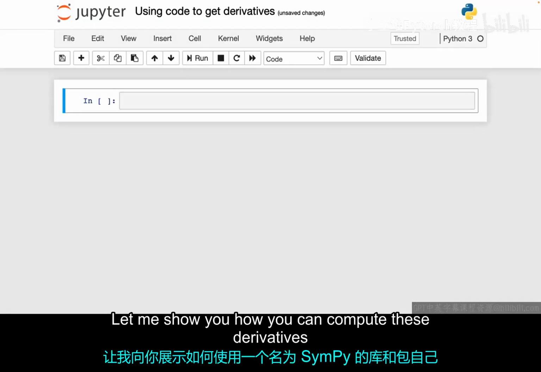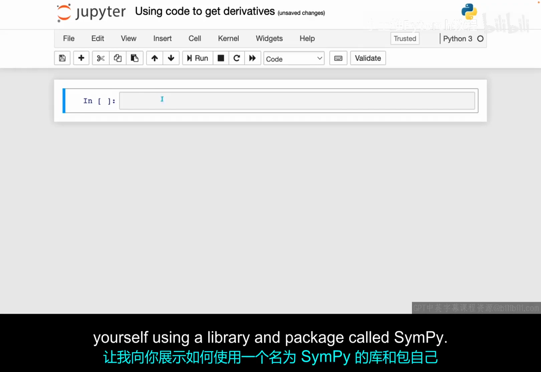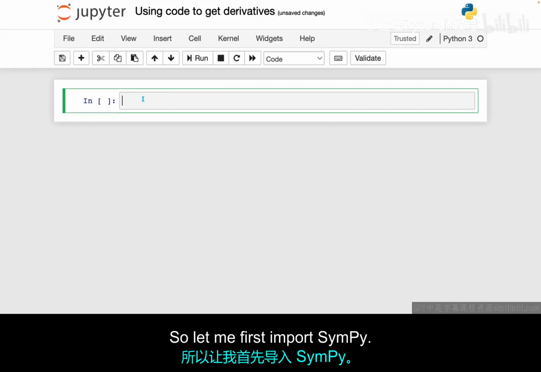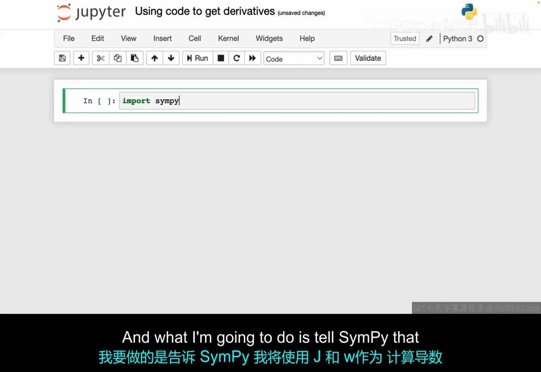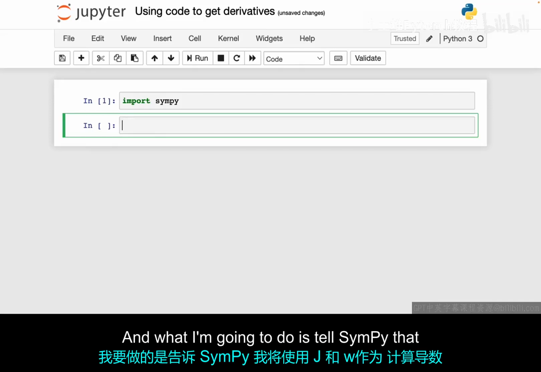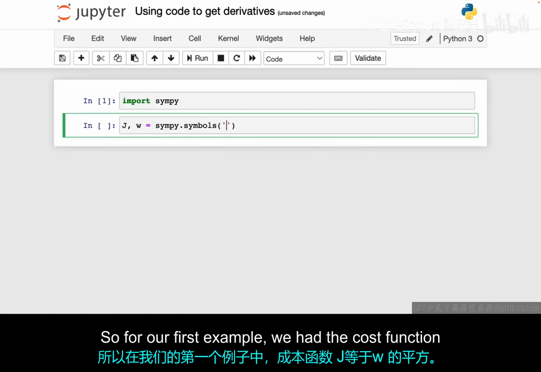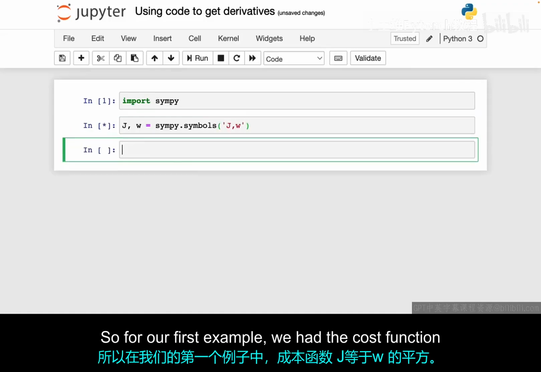Let me show you how you can compute these derivatives yourself using a library and package called SymPy. So let me first import SymPy, and what I'm going to do is tell SymPy that I'm going to use j and w as symbols for computing derivatives. So for our first example, we had the cost function j was equal to w squared.